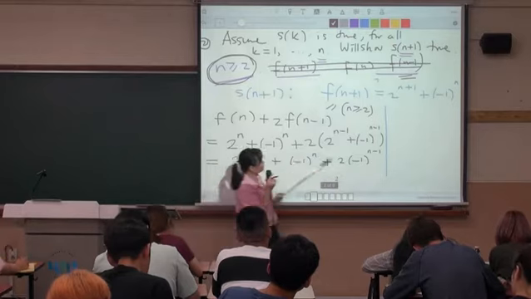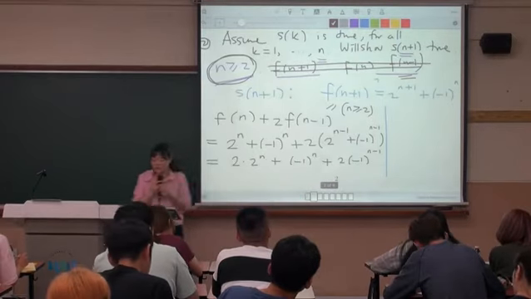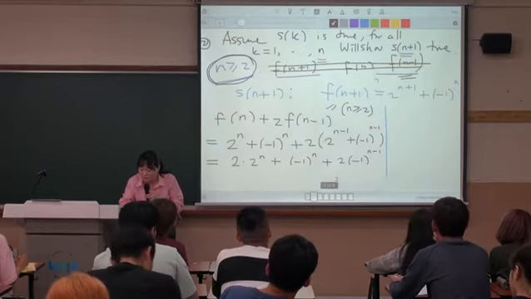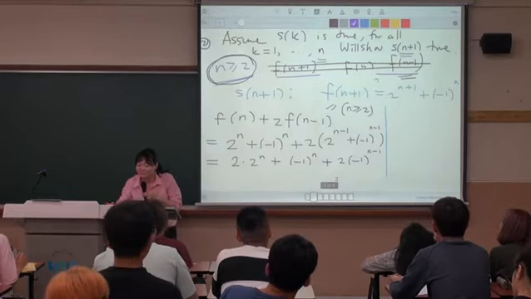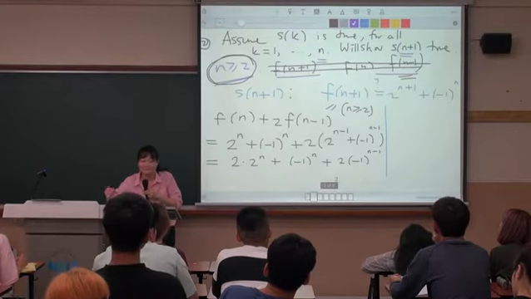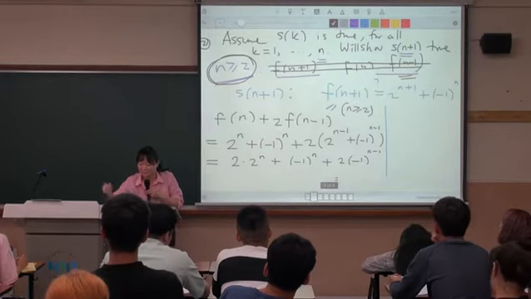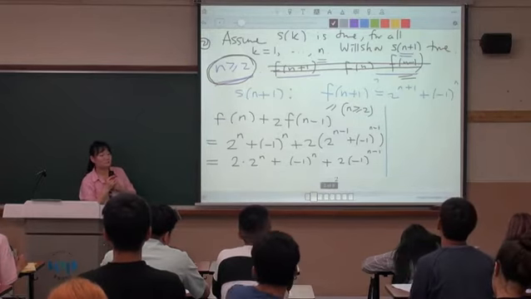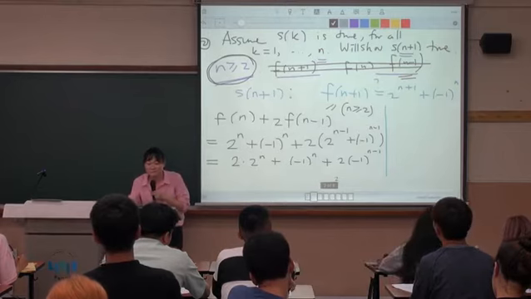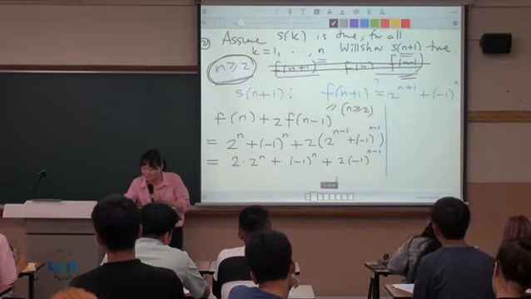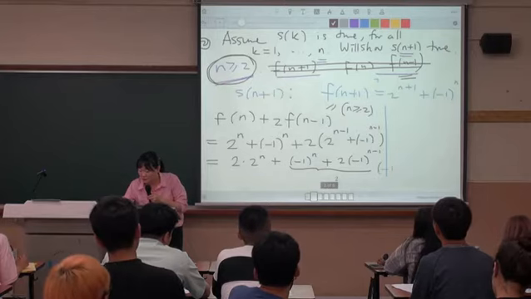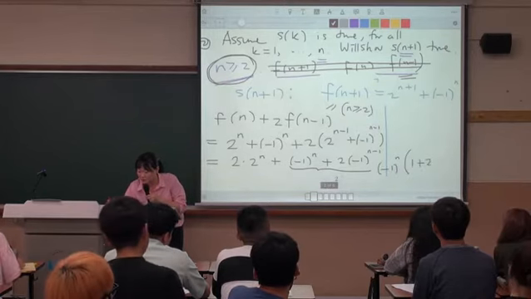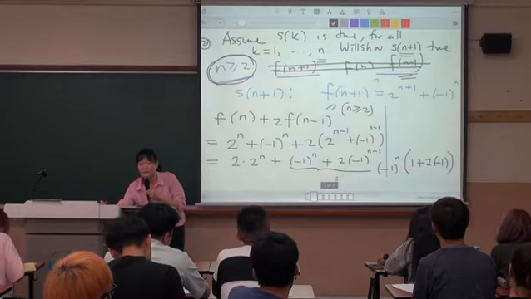How do I combine these two to get minus 1 to the n plus 1? This is minus 1 to the n, 1 plus 2 times minus 1.